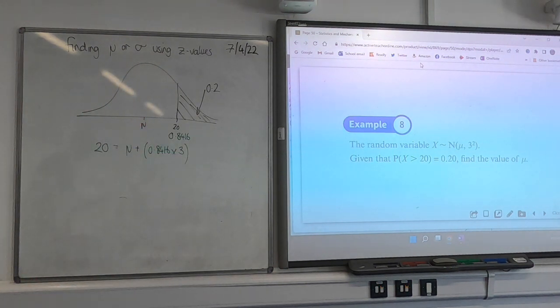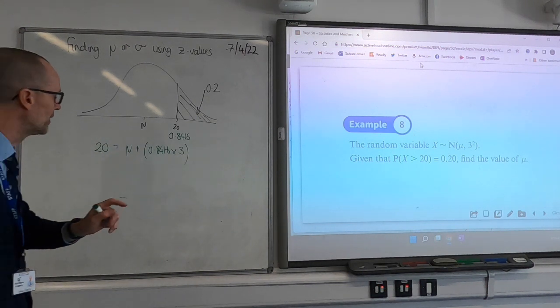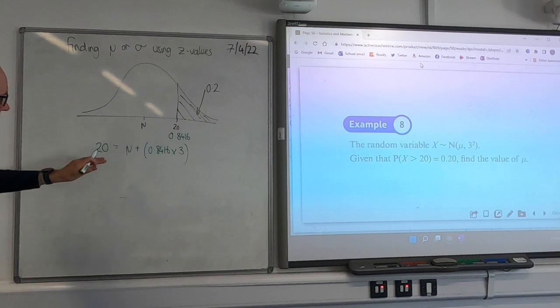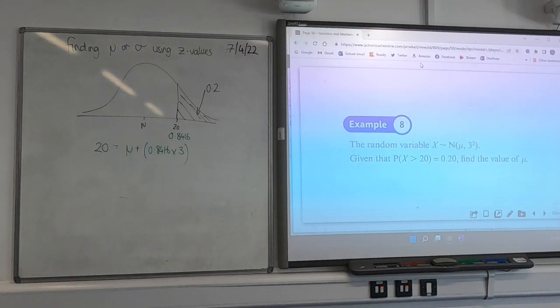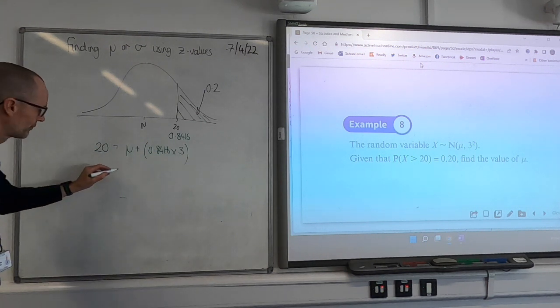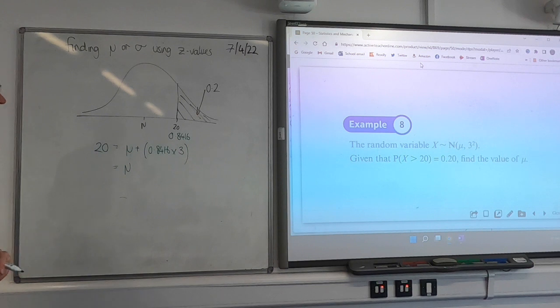That's what that value tells me. It tells me how many standard deviations away from the mean 20 is. And so what I can do is a little bit of arithmetic to work out the value of the mean, hoping that I get an answer less than 20.